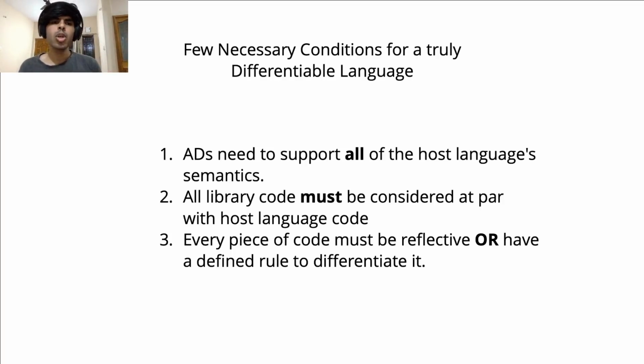And scientific solvers, which by themselves are using vastly different kinds of tooling and semantics to actually solve their problems, which also meant that all library code must now be considered at par with the host language code. Be that custom types, recursions, control flows, all of that needs to be supported. Not only that, parallelism came up quite frequently, because a lot of scientific software relies on its parallel nature to scale out to a large amount of compute.